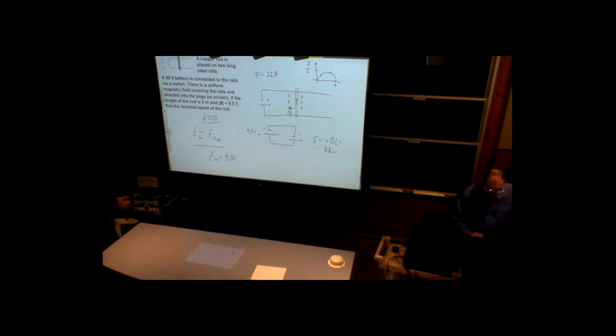And now we need to remember the difference between the net force and the individual force, the magnetic force. So that magnetic force is actually what initially makes it move.